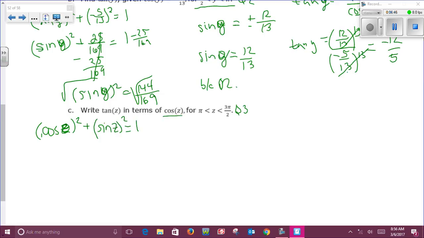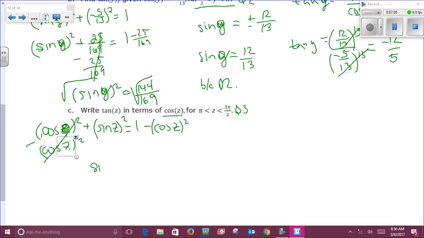I need to be in terms of cosine, so that means I need to get sine alone. So subtract cosine z squared. So that's going to go away.